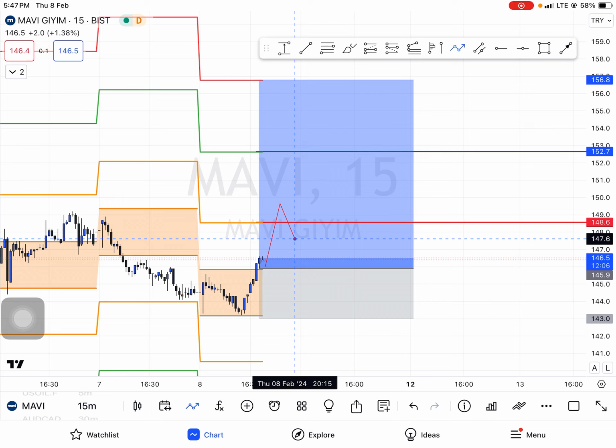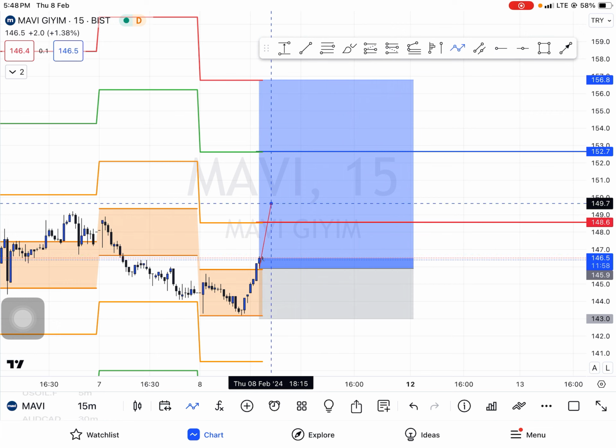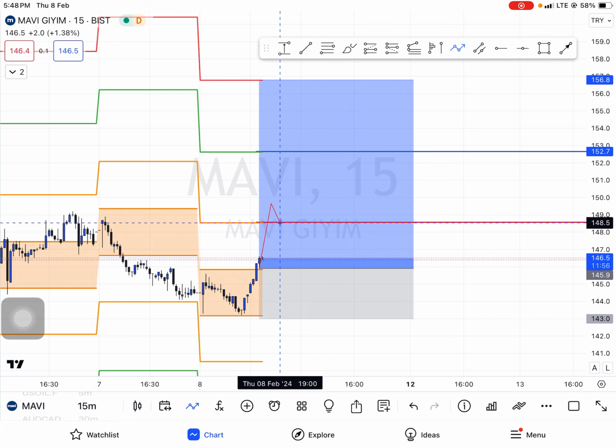But if the case is different, I'll just draw it in another way. If the price goes up, retraces, and then moves ahead, this is what we are expecting to happen once the Gann level is breached, once the Gann level is broken.